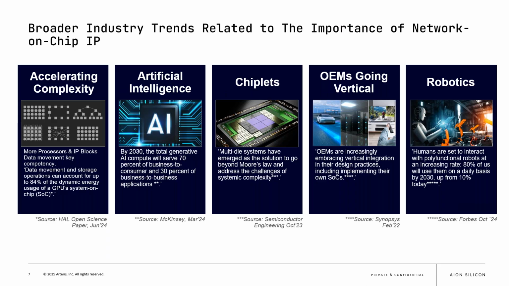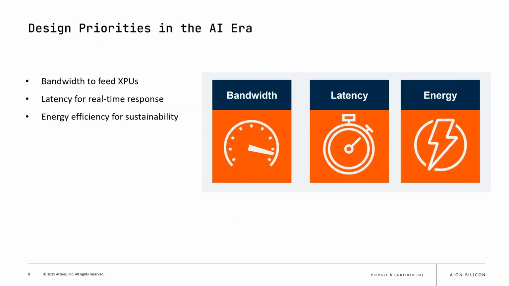And as a second point, looking at design priorities in the AI era, AI SoCs today prioritize three things: bandwidth, latency, and energy. Bandwidth keeps accelerators fully utilized, especially when DRAM becomes the choke point. Latency is critical for real-time inference.